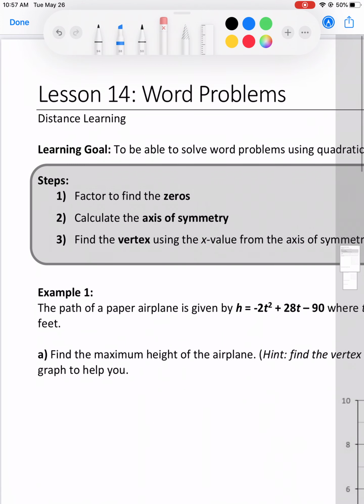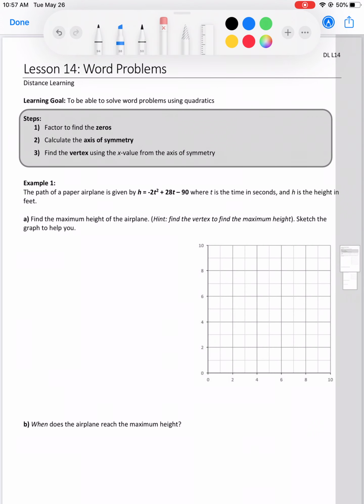One thing that you guys might want to pull up is the factoring sheet that I gave you, the flow chart if needed, and also yesterday's note, like lesson 13, because each section tells you what you have to do, right? So pretty much what you're going to do when you have a word problem is you're going to do three main things. You're going to look at your equation, which is here.